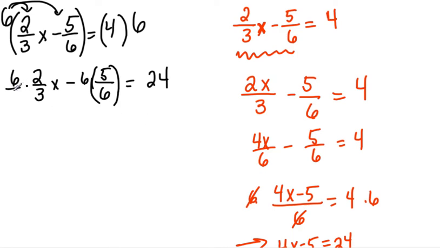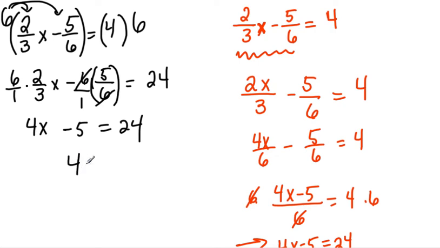How do I do this right here? 6/1 times 2/3 would be what? 12/3, which is what? 4. Then what would this be? 5. 30/6, which is 5. What's happening with those 6's? They're multiplied, so they cross out. And then what happened with that 6? It broke down to 3 and 2, and the 3's crossed out.